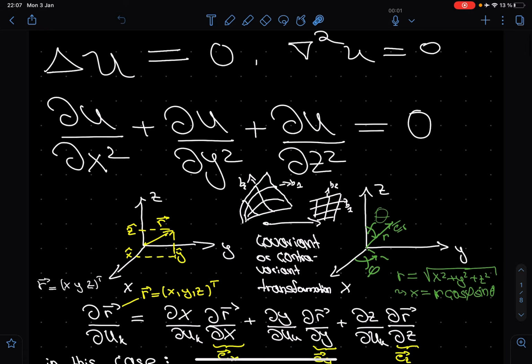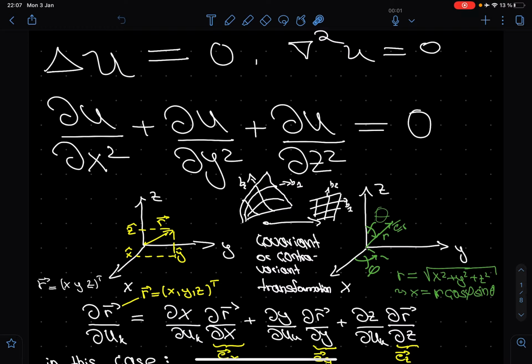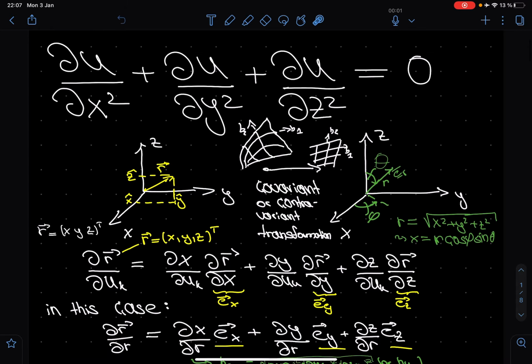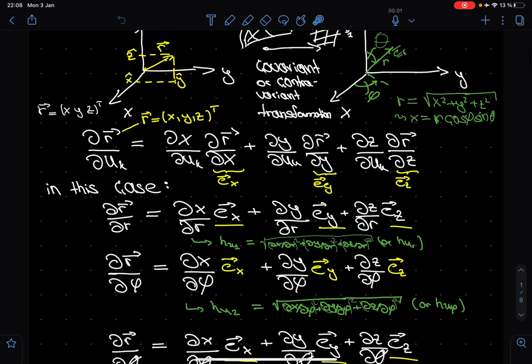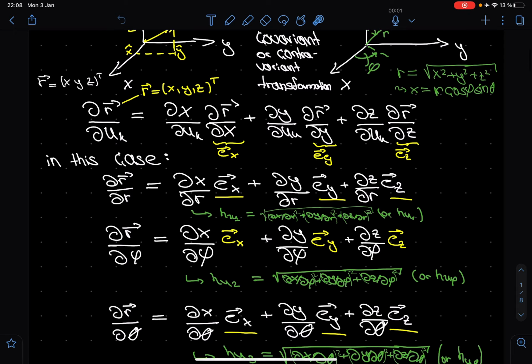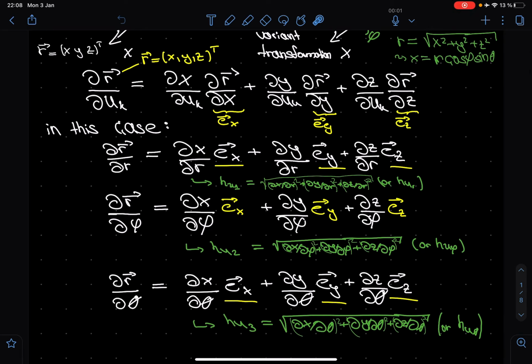But if you're interested, I'm probably going to make another video on curved coordinate systems and the change of basis. So basically here are just some basics which are given. I'm not going to talk too much about it because it's probably getting more complicated, but I just made sure to write up the basics.